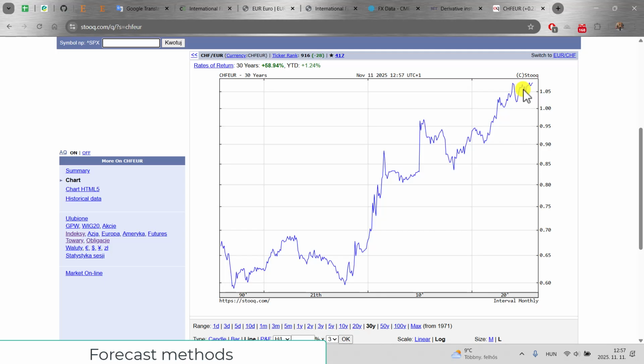Or when her boss wanted to go shopping, even from Bern, which is in the middle of the country, it was cheaper to go to France or to Germany to buy something because of, yes, this really strange and adverse exchange rate movement.